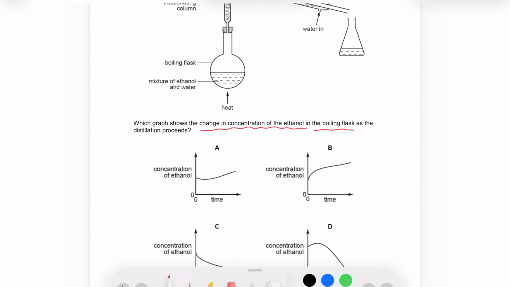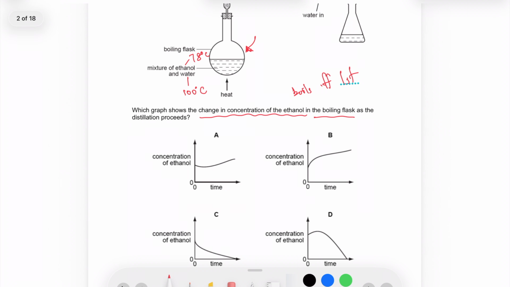We know that ethanol will boil off first, because water is 100 degrees Celsius and ethanol is only 78. So the concentration of ethanol should get lesser and lesser.